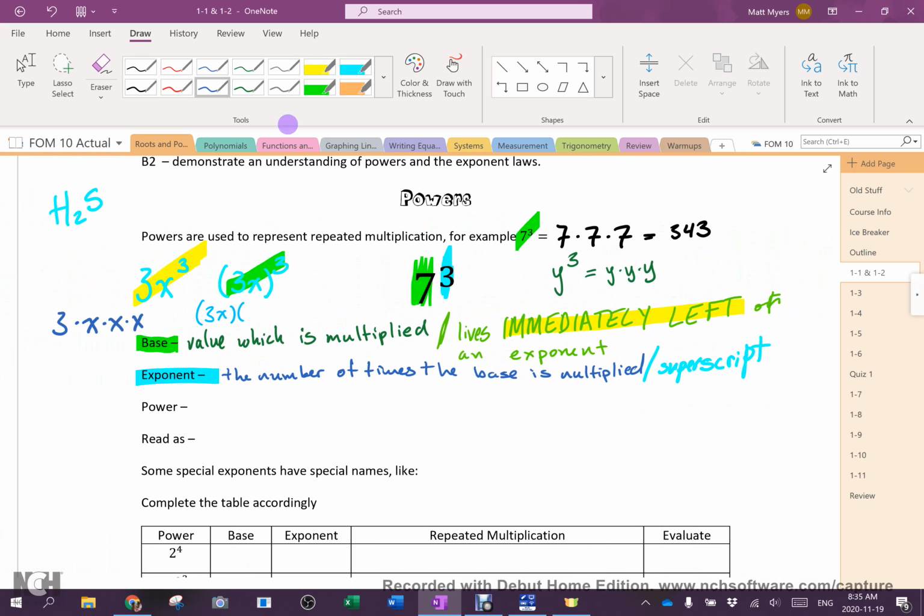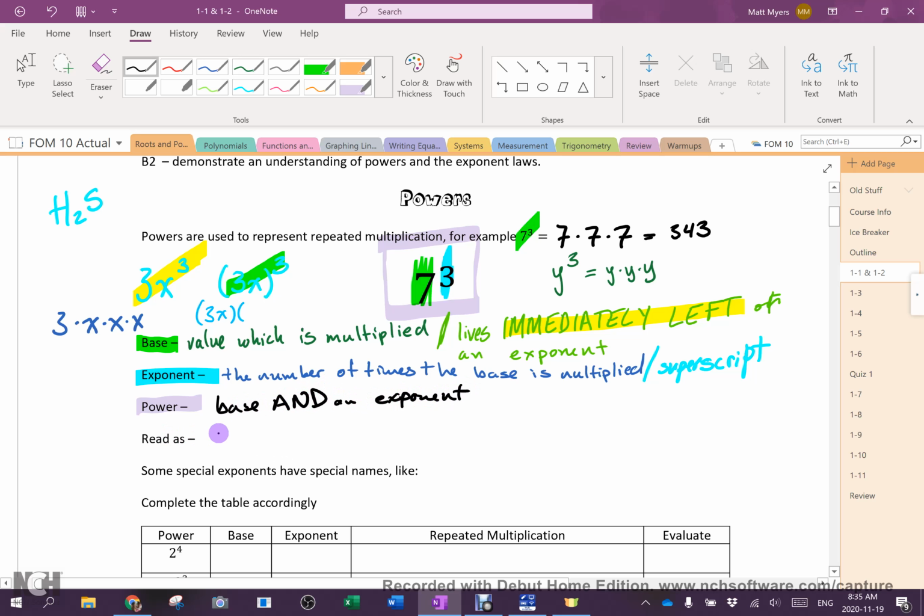All right, so the next thing, of course, is power, and that's everything. A power is a base and an exponent. We always talk about just the exponent as being the power. It's not. The whole thing is.